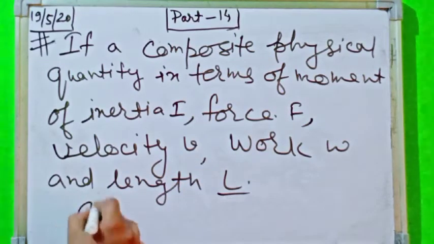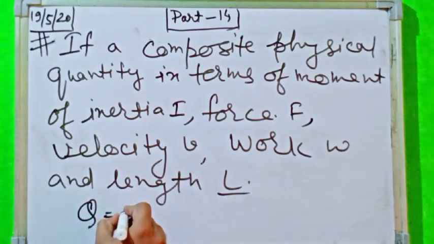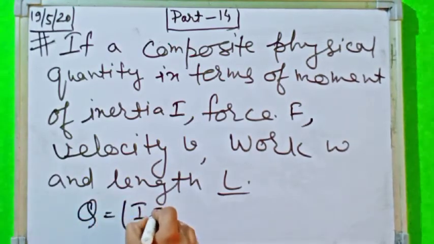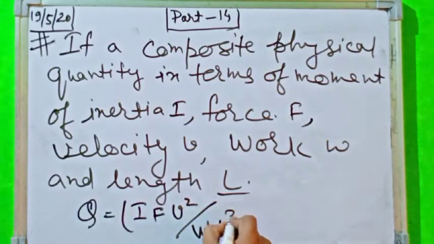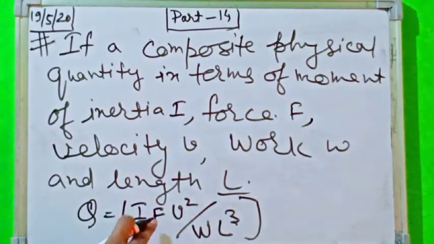That is, Q is equal to I F V square upon W L cube, where I is moment of inertia, F is force, V is velocity, W is the work, and L is the length.